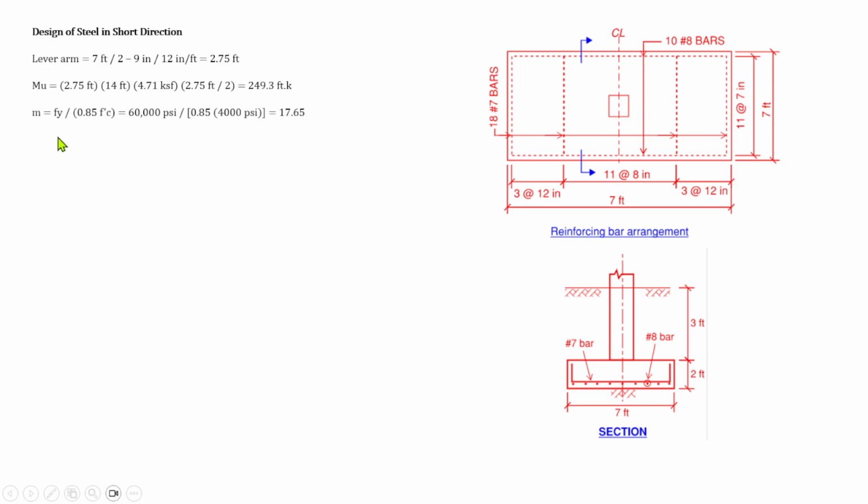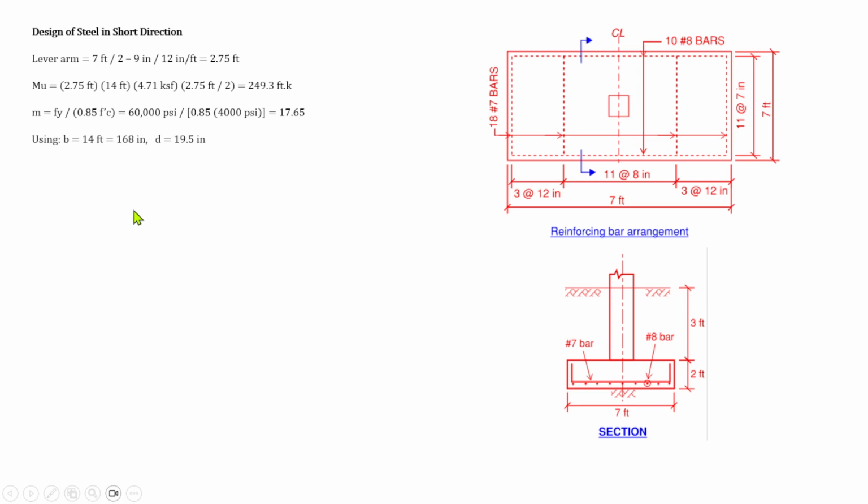So the M, same as previously, M is equal to Fy over 0.85 Fc prime, that is 60,000 psi over 0.85 times 4,000, which would give us 17.65.